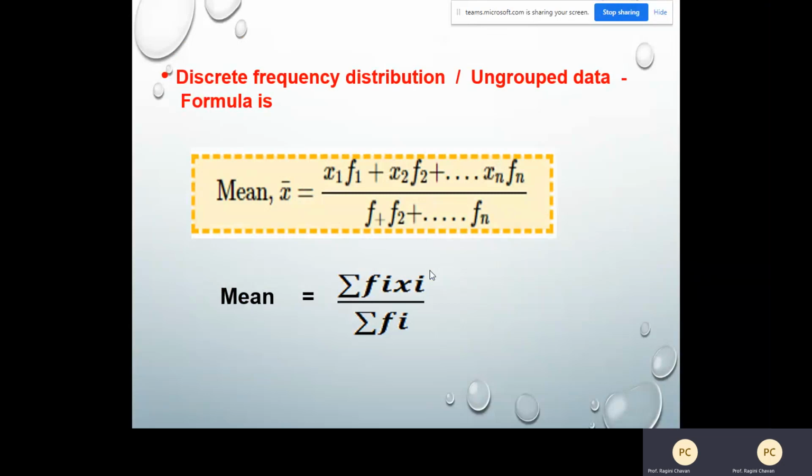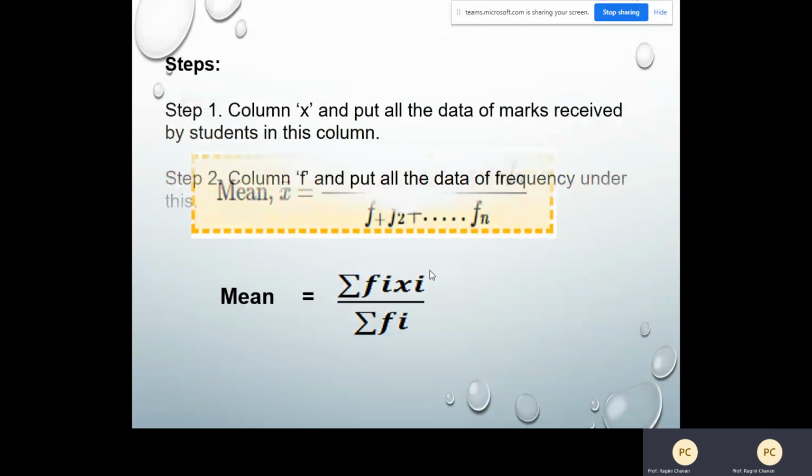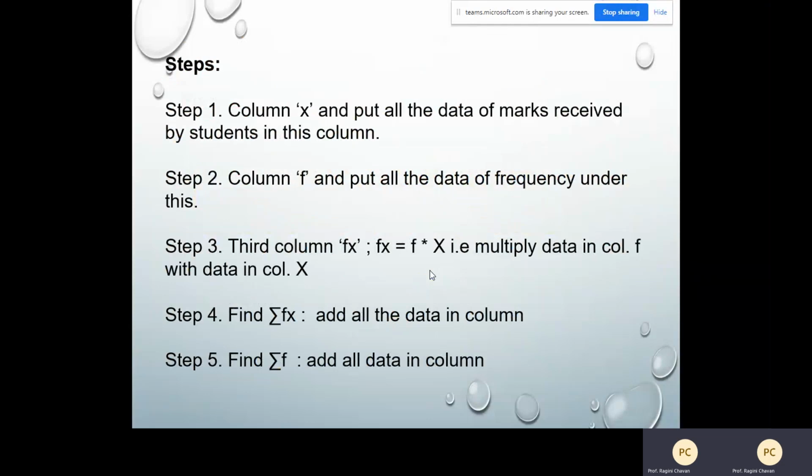Now this is the second kind of data, that is discrete frequency distribution. It is also called ungrouped data. To find out mean for such a kind of data, the formula is summation of fi xi upon summation of fi. Now, how to calculate mean for such a kind of data?